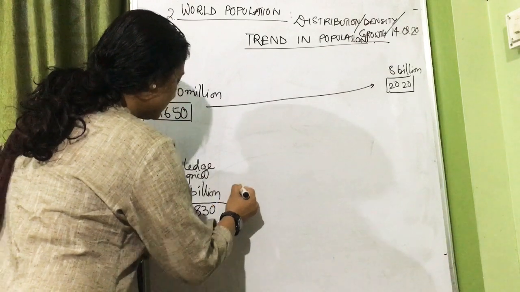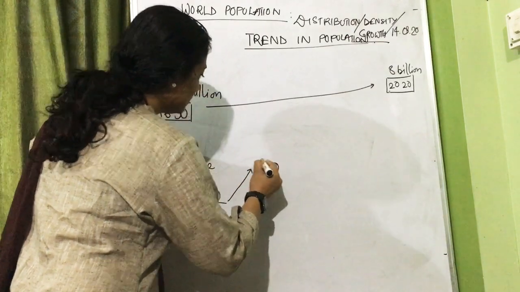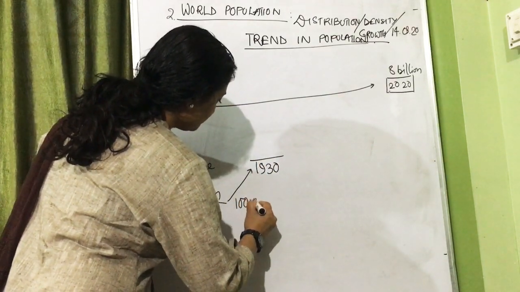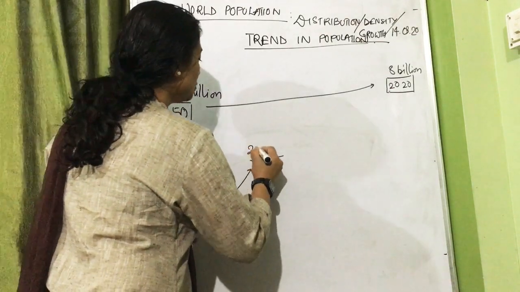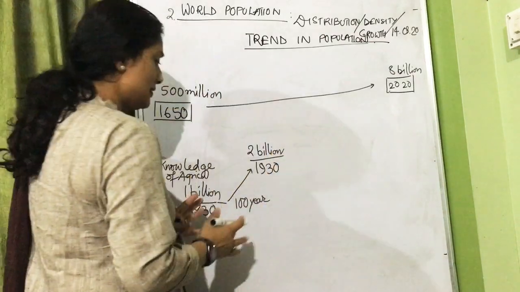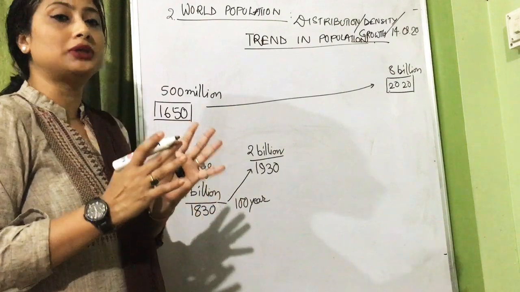Then we find that in 1930, after almost 100 years, this population reached from 1 billion to 2 billion. So you can see that it took 100 years for the population to double.